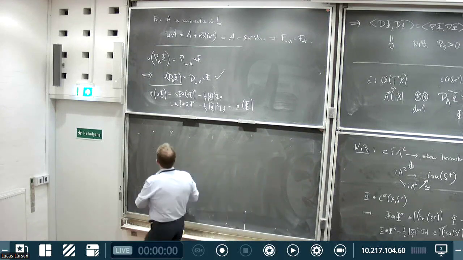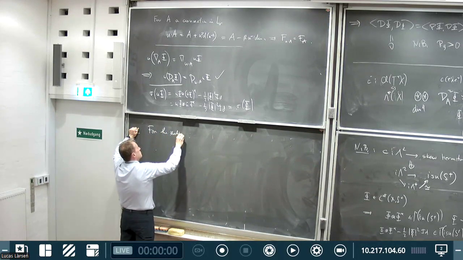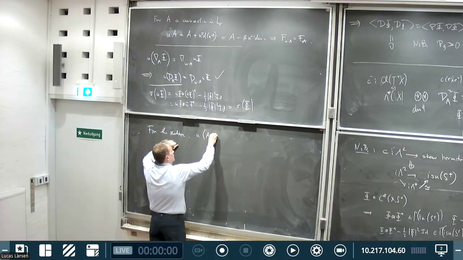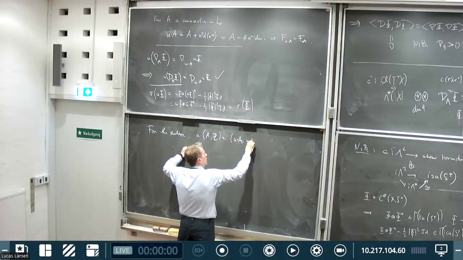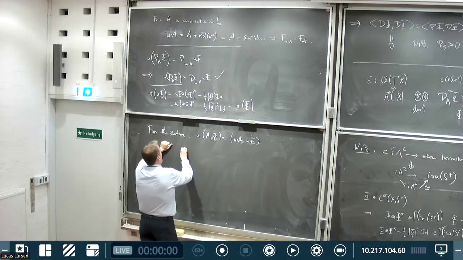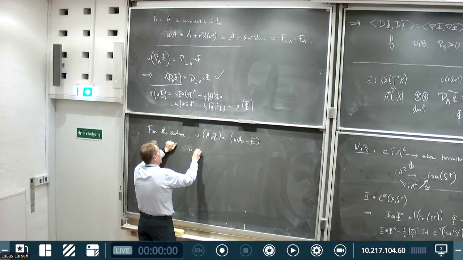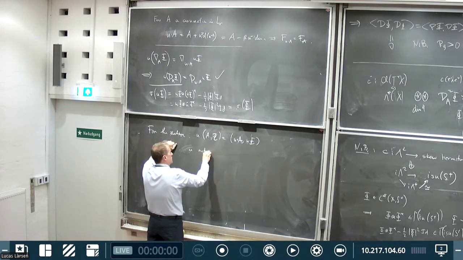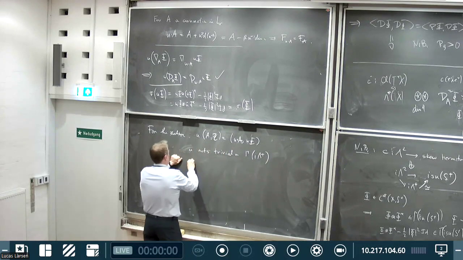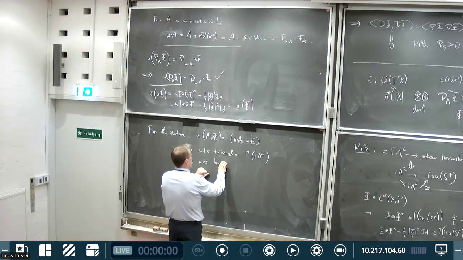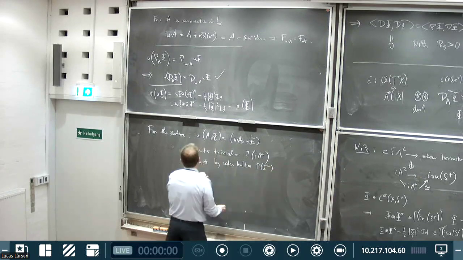The upshot is that for the action, U acts trivially on sections of lambda plus, and then U acts by scalar multiplication on sections of S plus, minus.